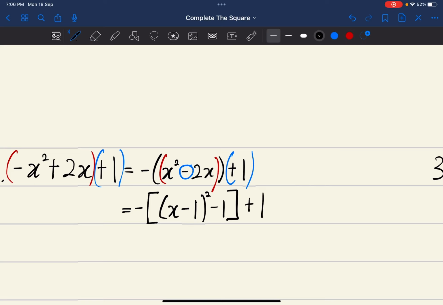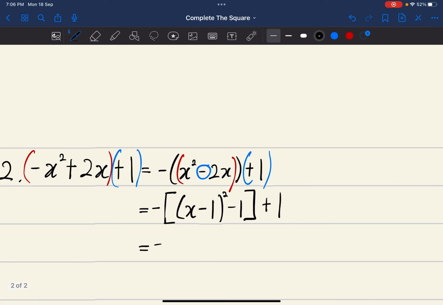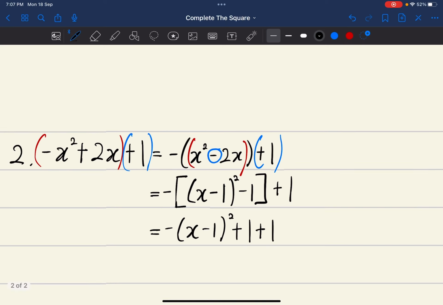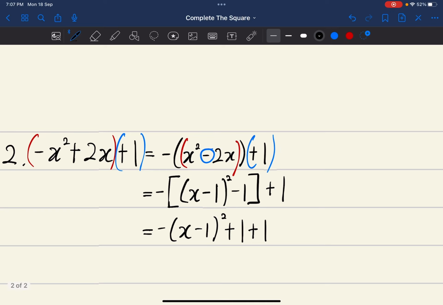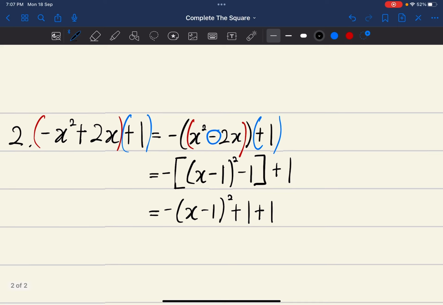So it's going to be +1. So the equation, once we multiply this negative inside and to these two terms, it's going to be negative (x minus 1) squared plus 1 plus 1, right? Because negative multiplied by (x minus 1) squared minus -1 is going to be negative (x minus 1) squared plus 1 and plus 1.